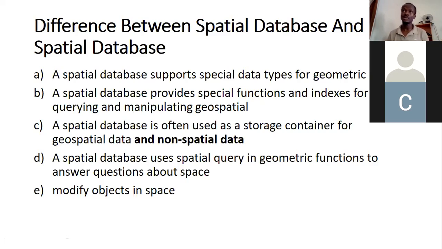Multi-points. Okay. These are different ways of describing geometries. So spatial databases can support that. A spatial database provides special functions and indexes for querying and manipulating geospatial data. So there's something we call the geom ID or something like that, a special unique number that identifies the spatial entity.